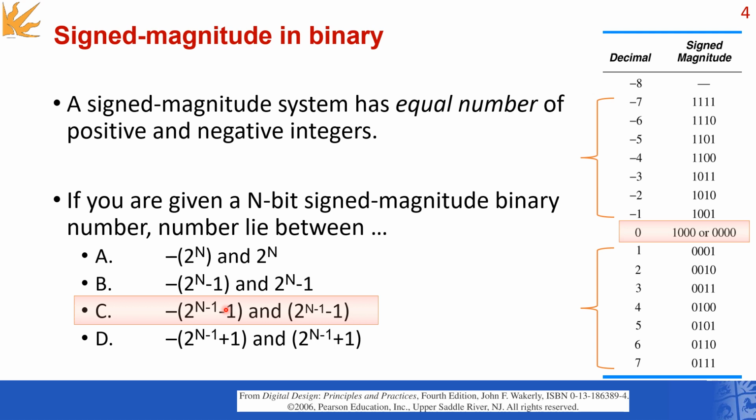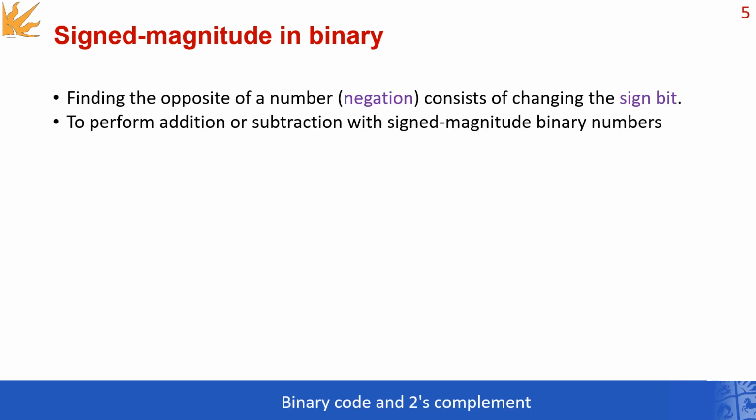So in our case, we have 4 bits, which means that our numbers lie between -7 and 7. Finding the opposite of a number, which is called the act of negation, consists of just changing the sign bit.